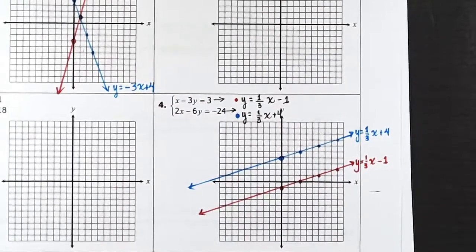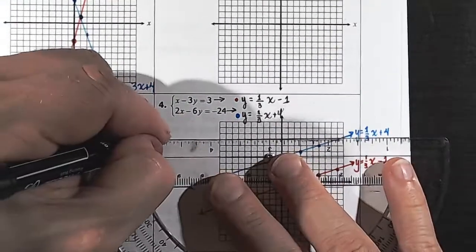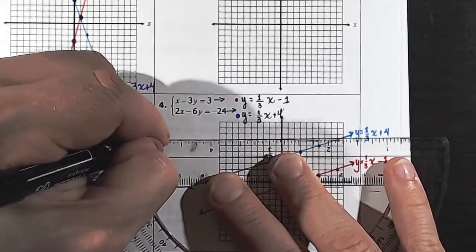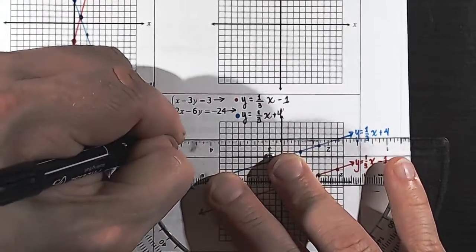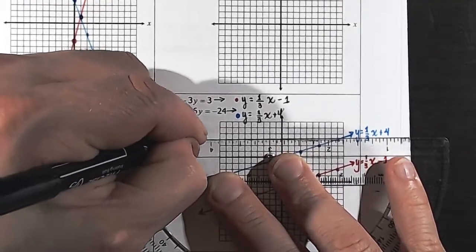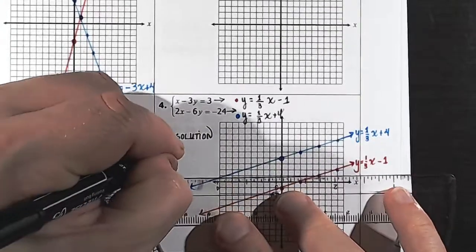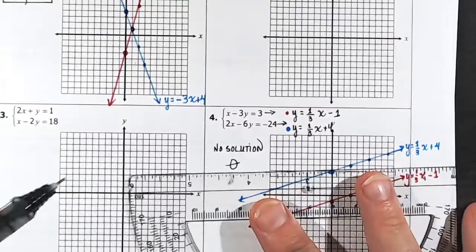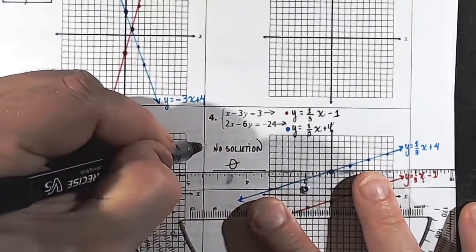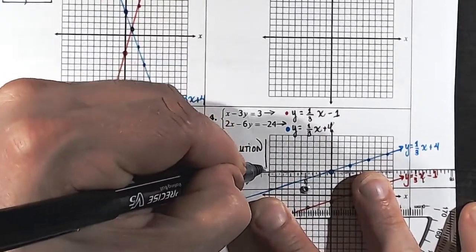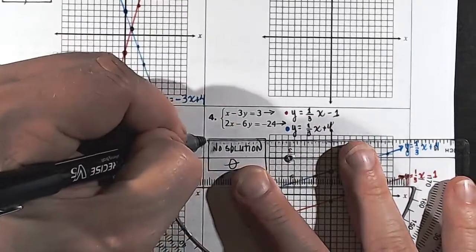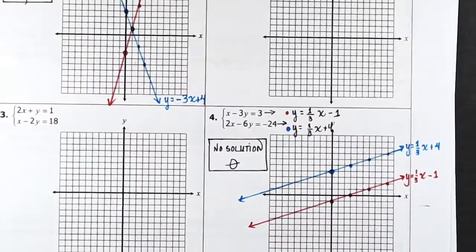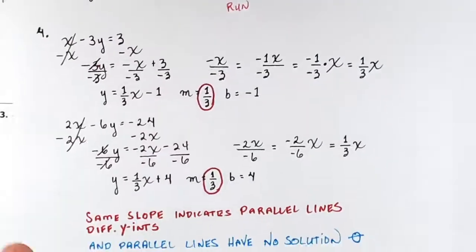And what we write here is no solution. Okay, you could also write this. And that is your answer right here. Put it in a box. And make sure that you have your evidence, right?